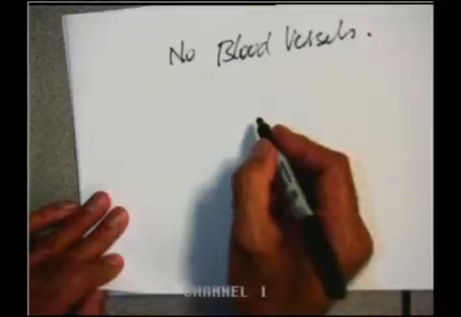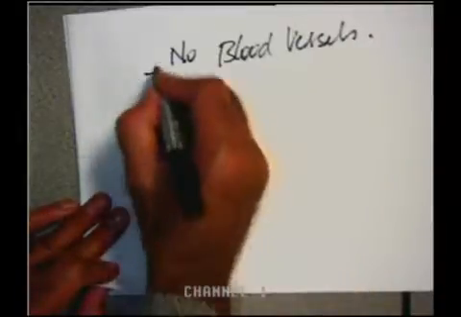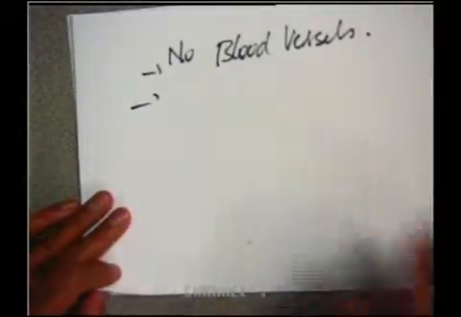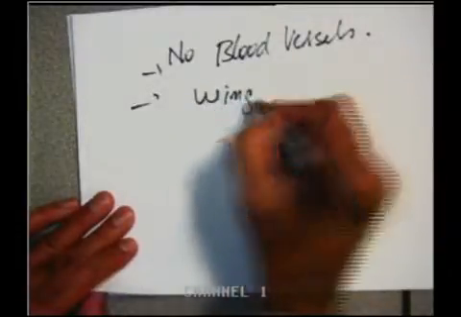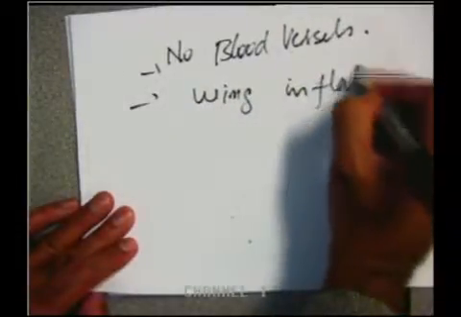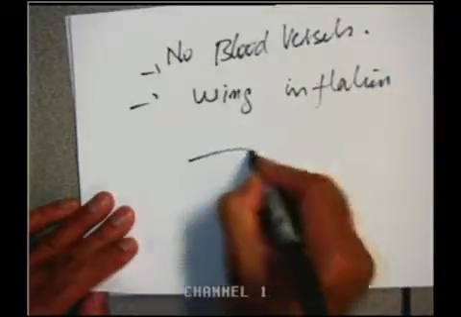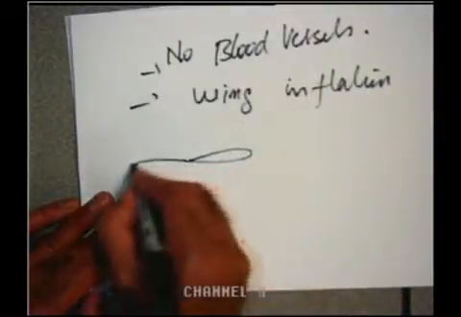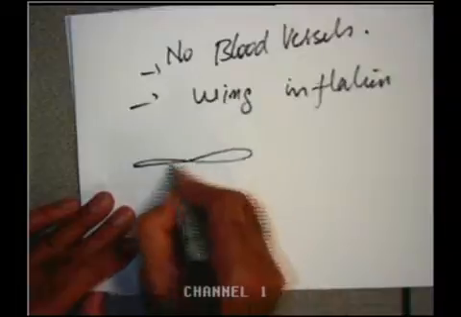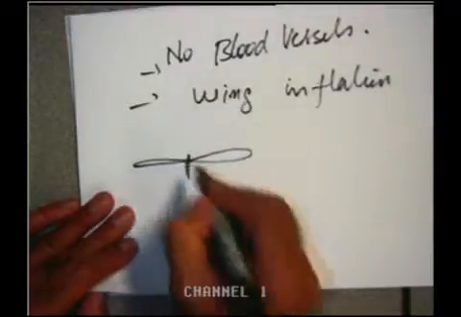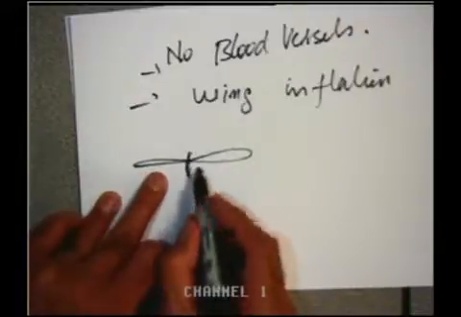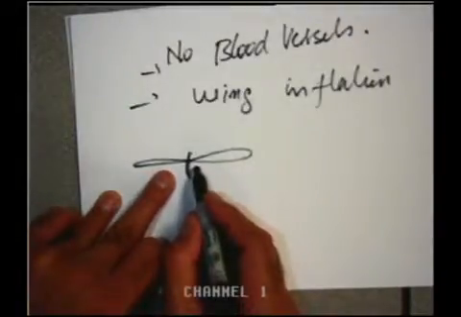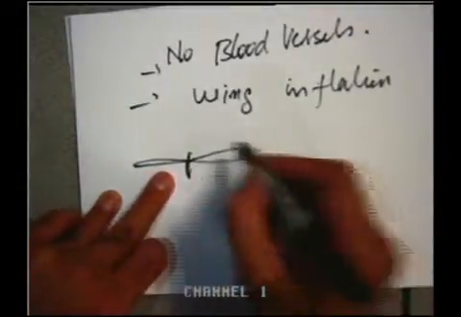Okay. So the same phenomenon of the open circulatory system helps in wing inflation in the insect. Suppose the insect is here, and this is normal when the insect is resting. When it needs to go and fly high, what will happen?